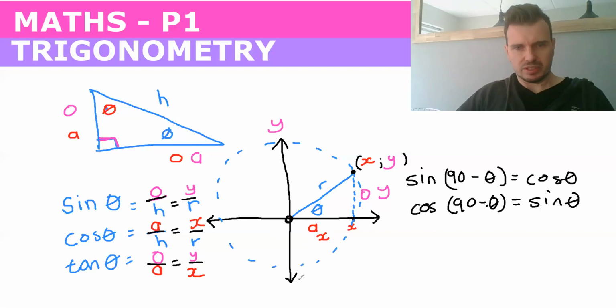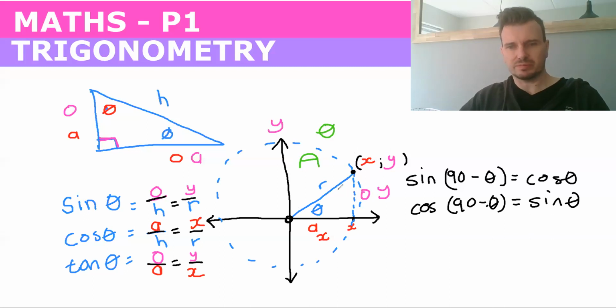But let's just look at this Cartesian plane quickly. So in this first quadrant, we call it theta, because everything is positive. You see x is positive and y is positive. And so they often will say A, meaning that everything is positive. Because if I have sine theta, cos theta, and tan theta, and it's y over r, it's always positive.